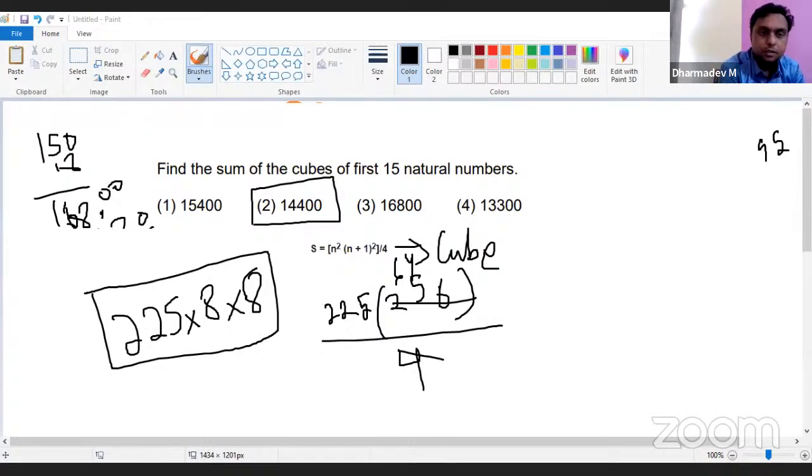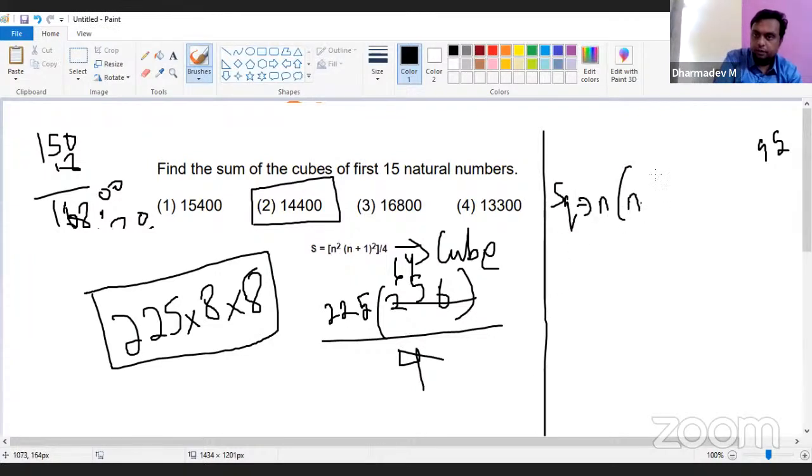So that is n into n plus 1 plus 2n plus 1. This is for cube and for square. I'm giving you for square also. n into n plus 1 plus 2n plus 1, so the whole divided by 6.